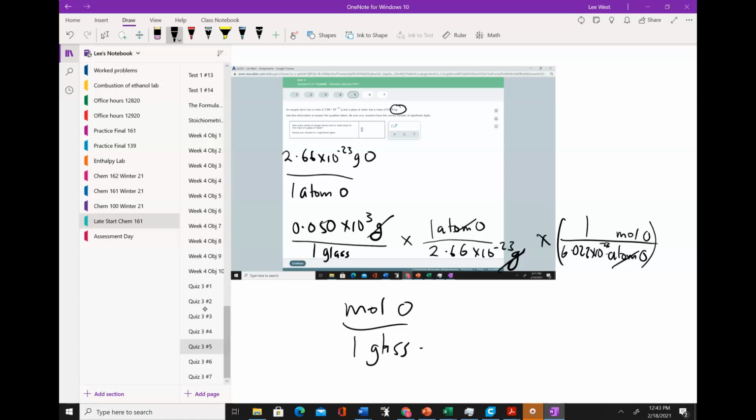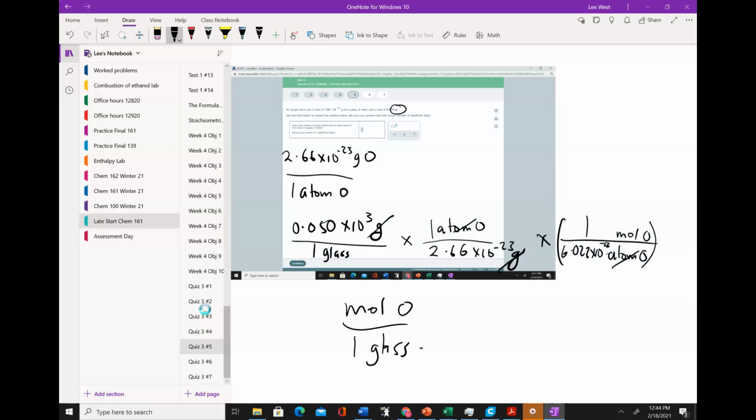Okay, so not too bad. 0.05 by 10 to the 3 times 1 on 2.66 by 10 to the minus 23 times 1 on 6.022 by 10 to the 23.